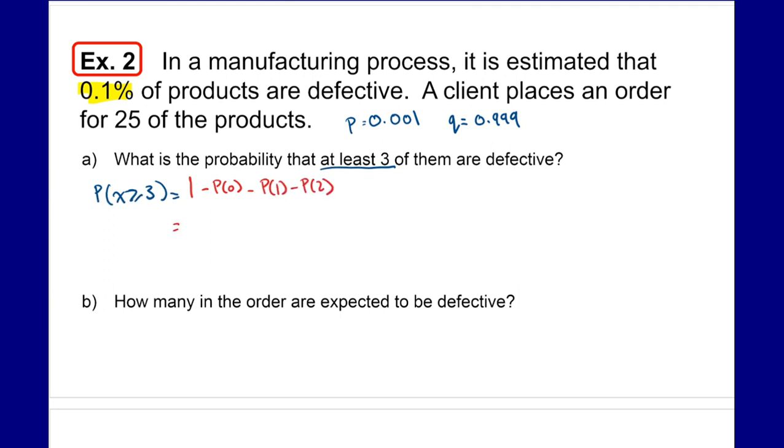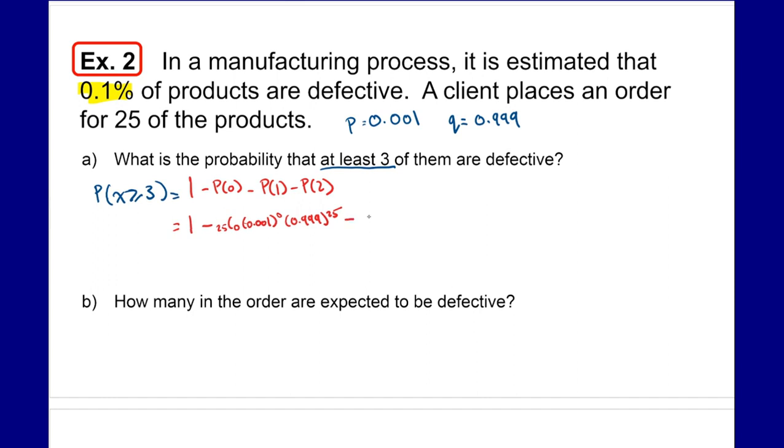So in this case, we have 1 minus 25 choose 0 times 0.001 raised to the power of 0 times 0.999 raised to the power of 25. 25 items that are not defective.